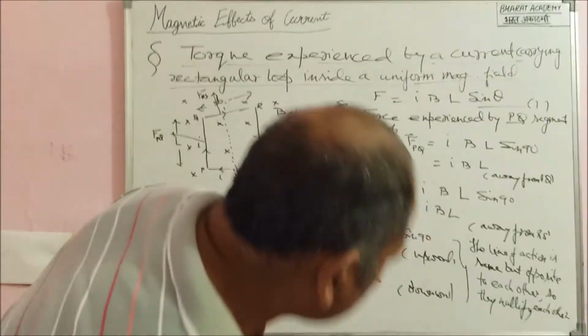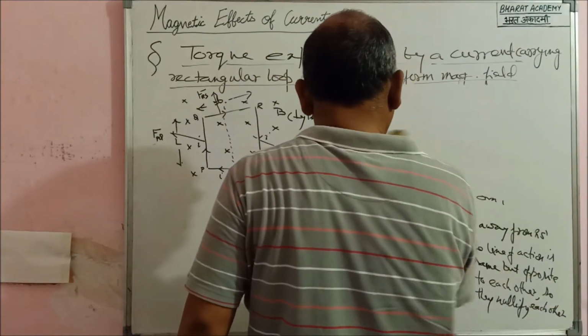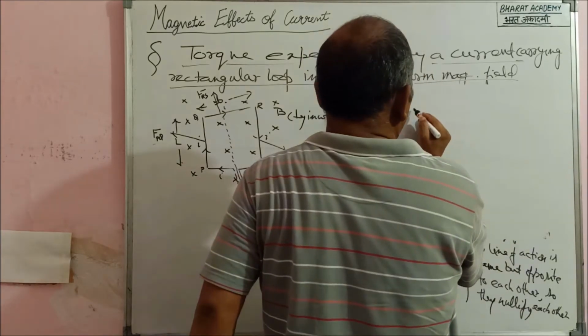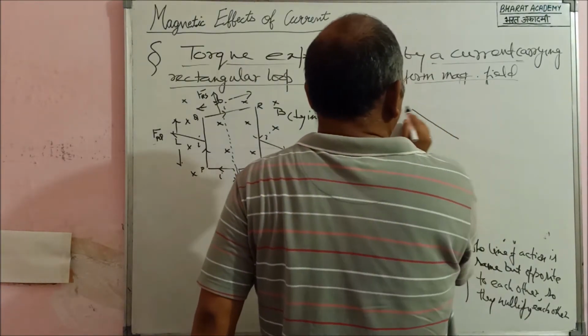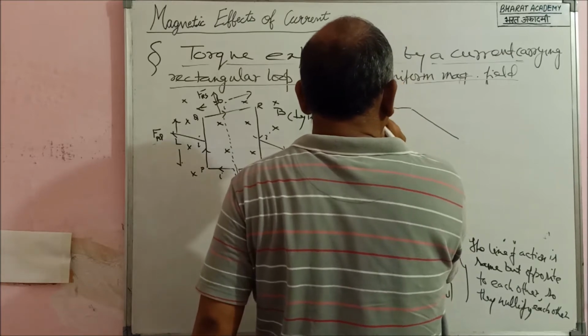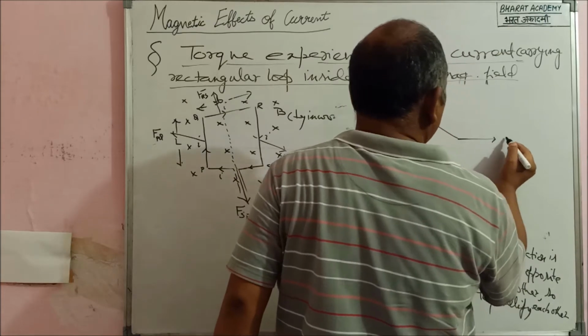So it comes out to be like this. One direction is like here, FPQ, and this is FRS.